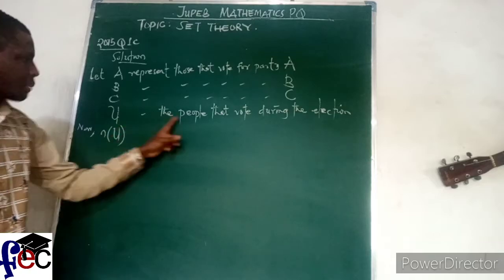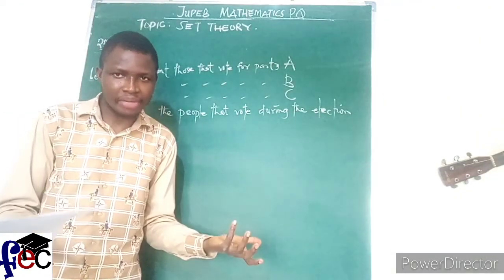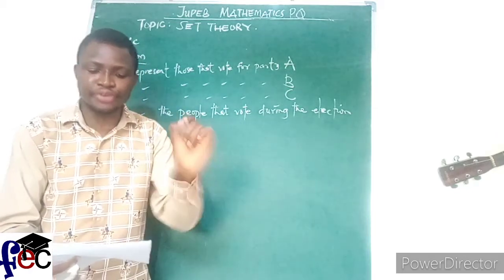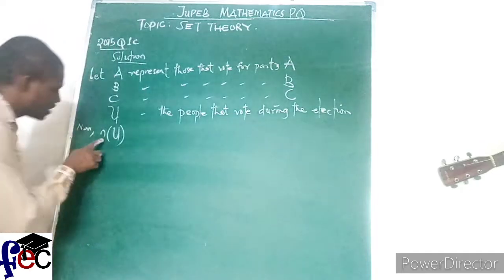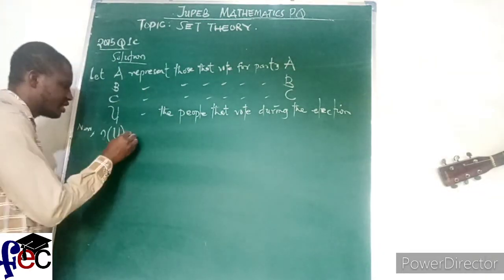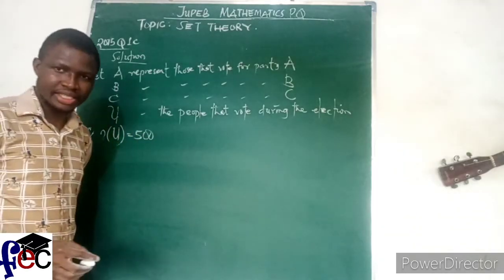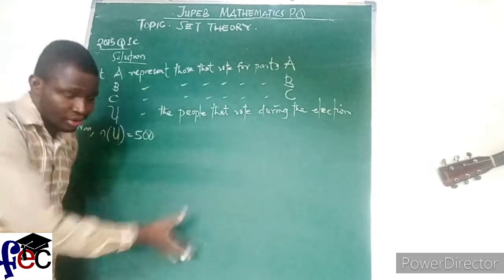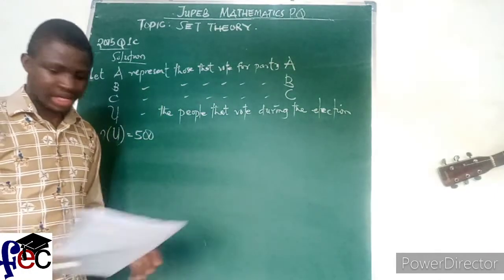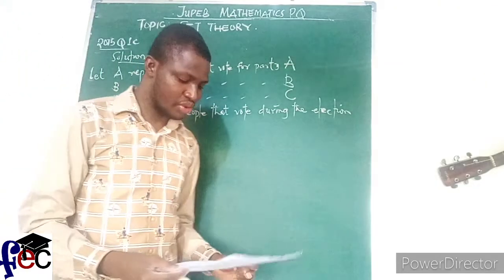We have said that U represents the people that vote during the election. That means the number of elements in this set is 500. Are you getting it? I'm still going to rub this out because of the limited space, okay? I think very soon I'll be able to get a bigger board so that I won't have to rub out all the information at once.